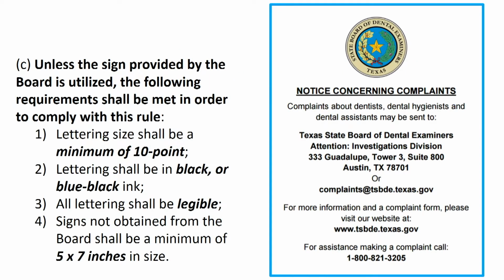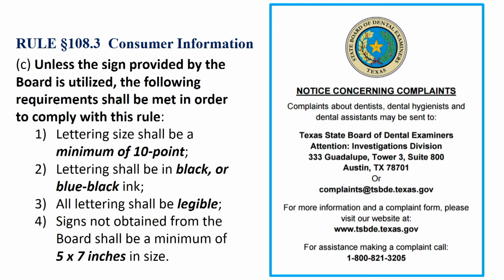The rule then tells you exactly the requirements if you're going to produce your own sign. What must be included in the sign? Subpart C. Unless the sign provided by the board is utilized, the following requirements shall be met in order to comply with this rule. You must use lettering that shall be a minimum of 10-point font.